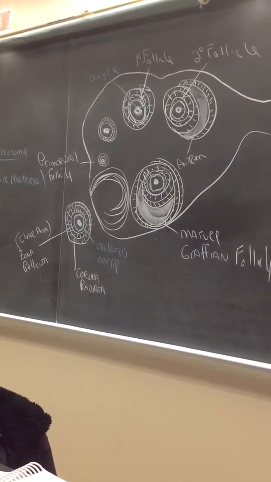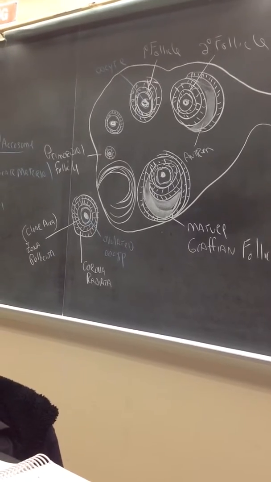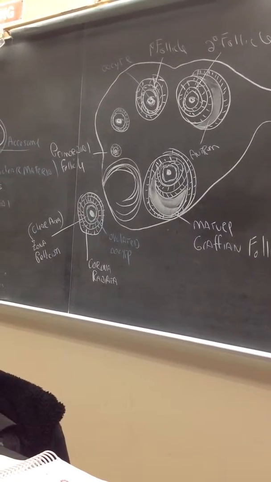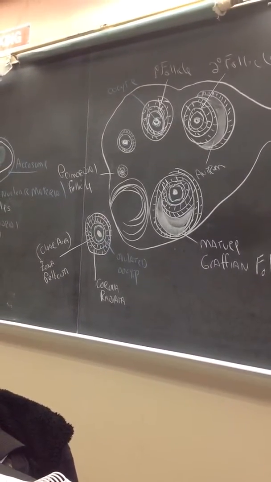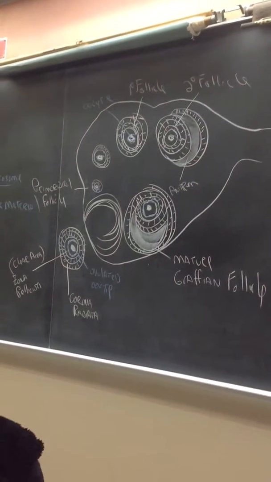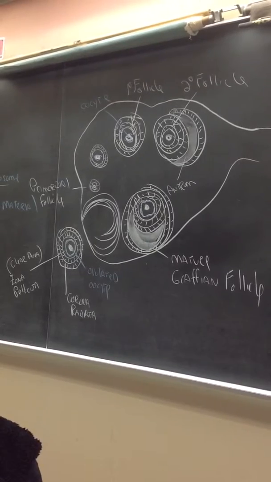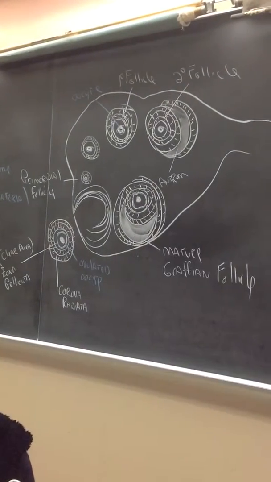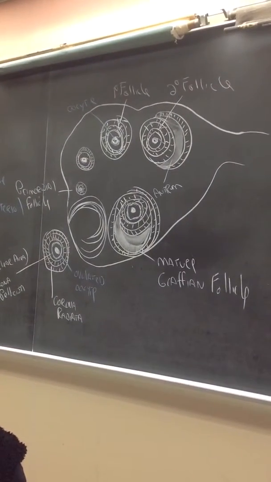Now, puberty to menopause, 1 per month, under the influence of primarily FSH and secondarily LH, is going to mature.